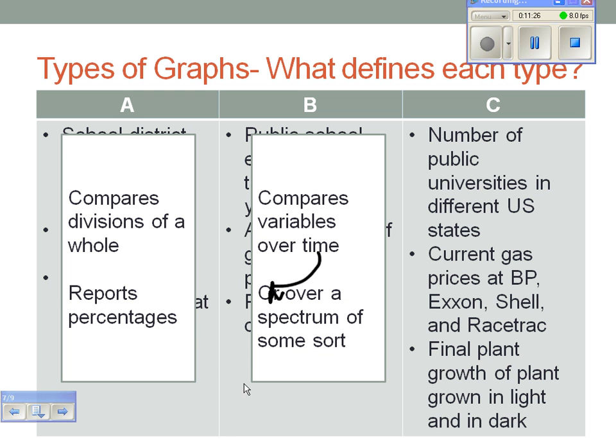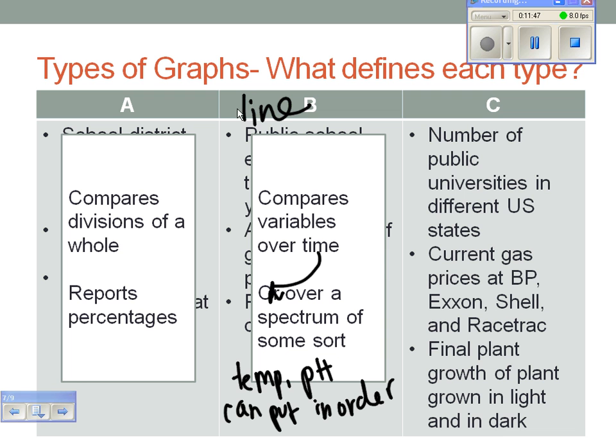So like we talked about today, it could be temperature, it could be pH, or it could be time. So it's not just time, it's over anything that you can put in order. Right? Put in a certain order, something that you're going to want to connect. Okay, that's going to be your line graph.